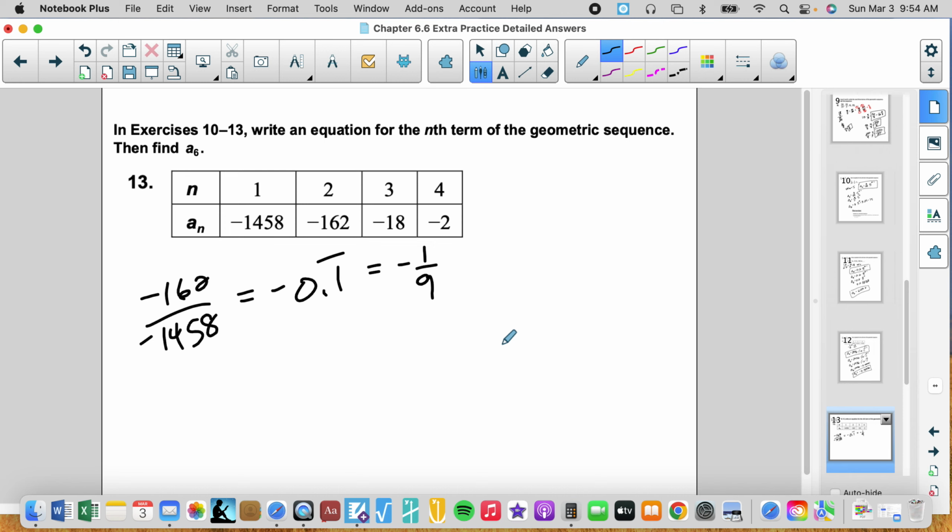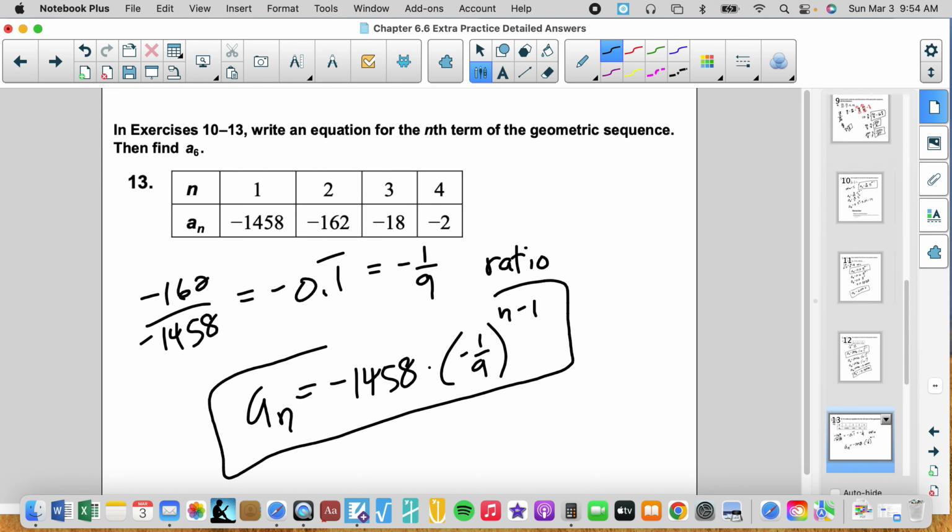So that is going to be my ratio. And we take a sub n equals my first term, which is negative 1,458, and we're going to multiply it by negative 1/9. We must put it in parentheses.